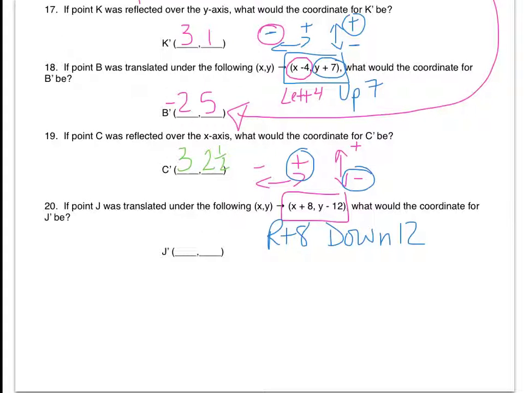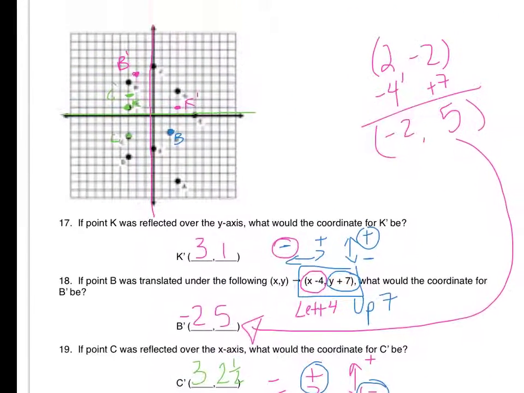So I have to go find point J, so I got to scroll up a little bit. Point J is actually hanging out right here. So I have to go to the right 8 and down 12.